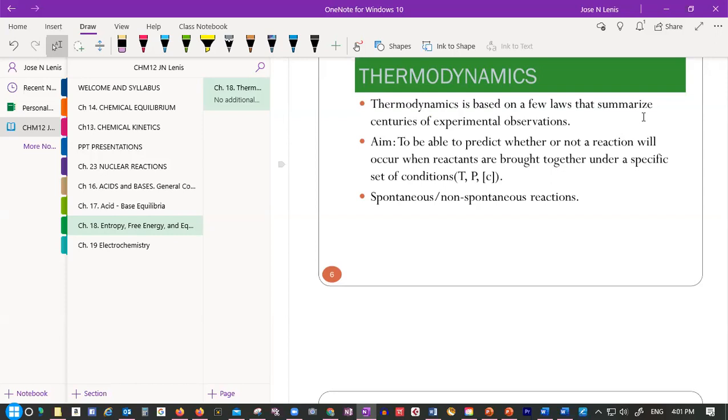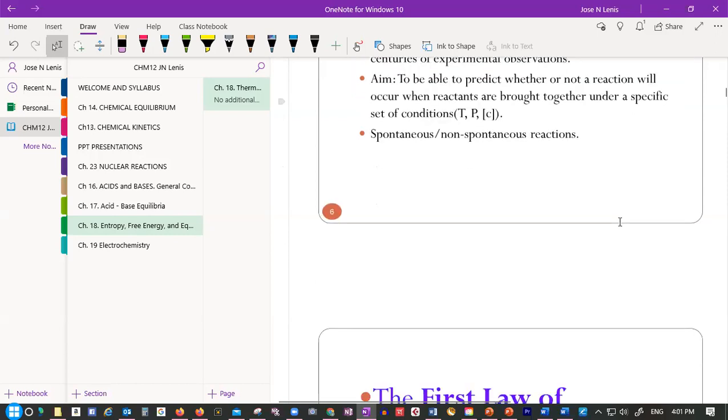Also, we are going to take into consideration the kinetics of the reaction and compare to those of thermodynamic conditions for a reaction to be spontaneous. So we're talking about spontaneous and non-spontaneous reactions.